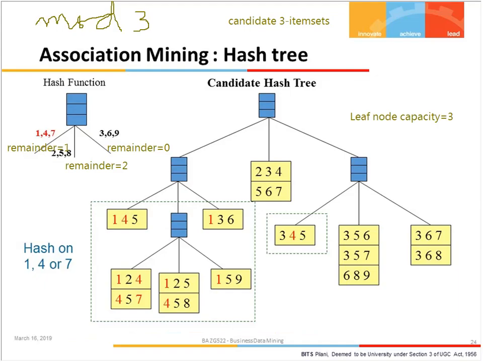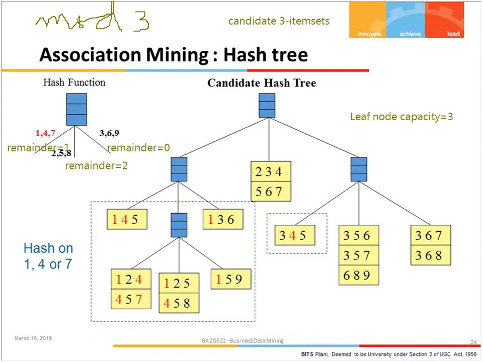Okay, so what I have to do is, let's say, take 1, 4, 5, 1, 2, 4, 4, 5, 7. To start with, we'll do this for this example subset.